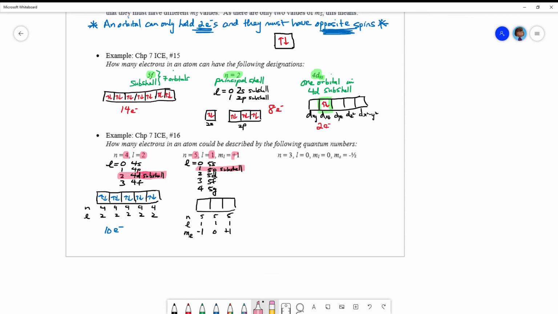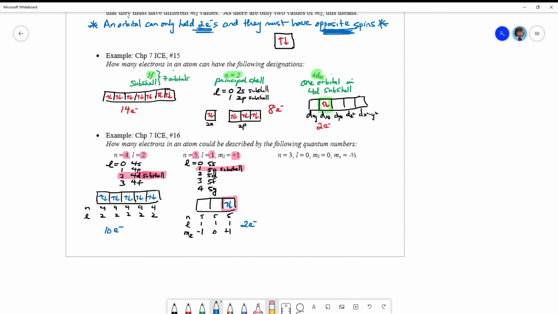So we're not looking at the whole subshell. We are just looking at this one orbital. Only this one orbital has n equals 5, l equals 1, and m sub l equals +1. So in this case, only 2 electrons can be described by this set of quantum numbers.